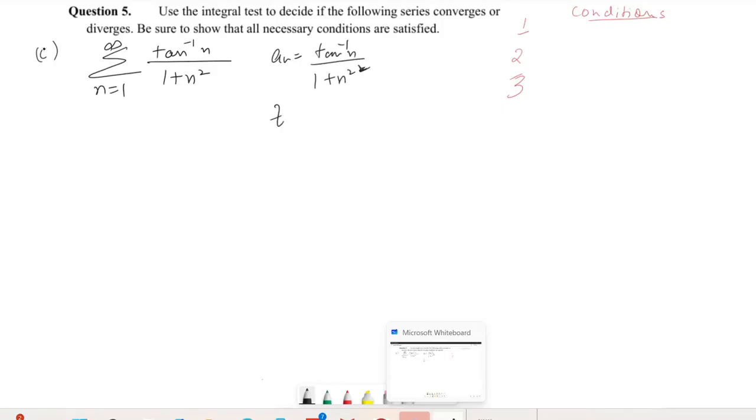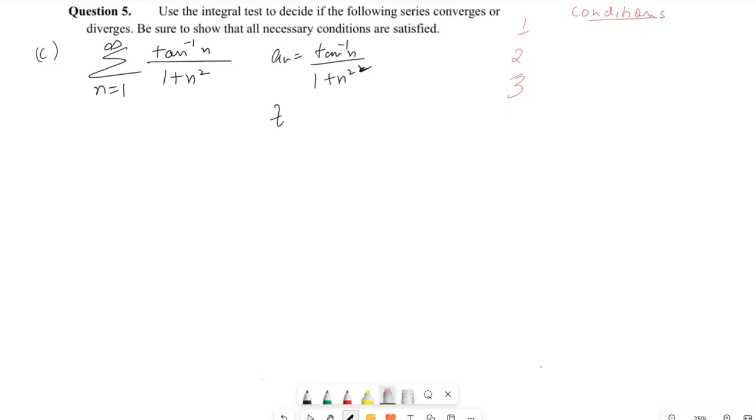Therefore, f of x is tangent inverse x by 1 plus x squared. Conditions are the function should be continuous, positive, and decreasing. Now, this all has to be checked from 1 onwards, right? Because the series is starting from 1 onwards.